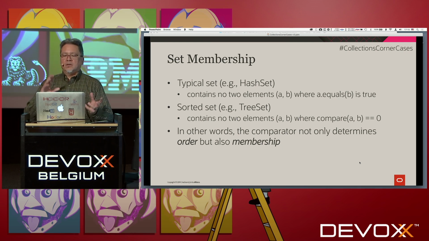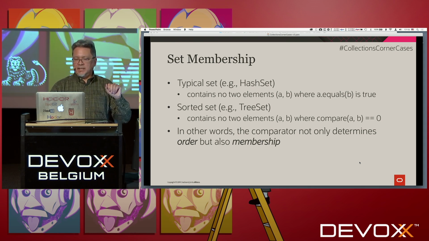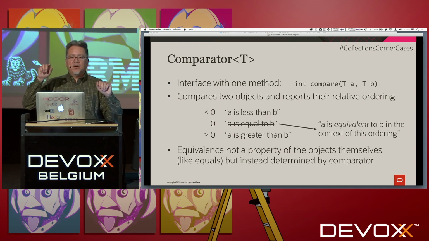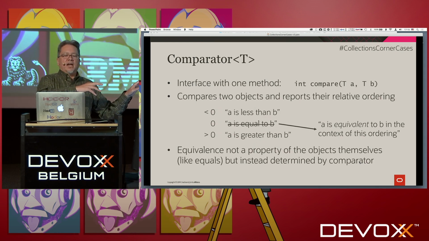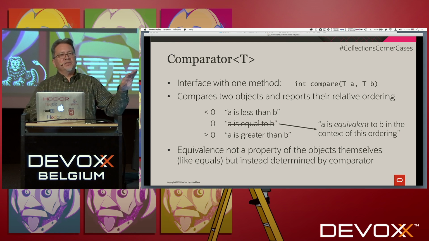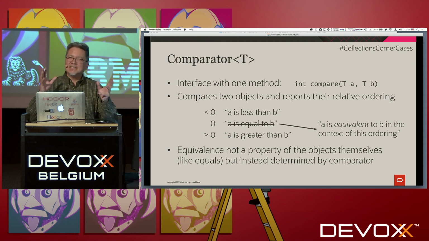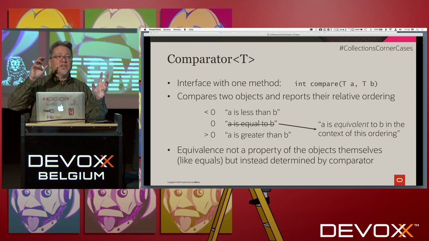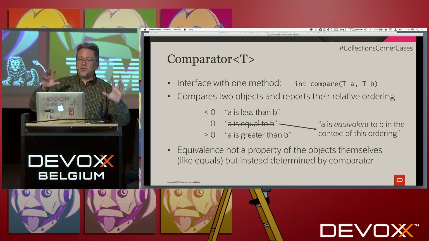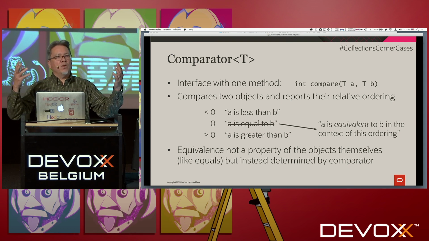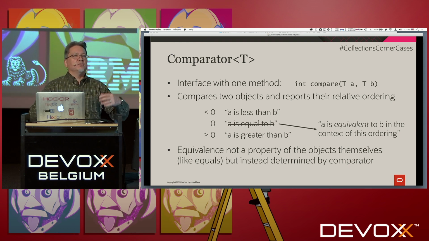Okay, so here you can see we're setting things up. There's a different notion of equality. Again, earlier I kind of glossed over this. I said the comparator returns 0 if they're equal. Well, it's not equal in the sense of object.equals, it's sort of equivalent in whatever ordering this comparator is imposing.